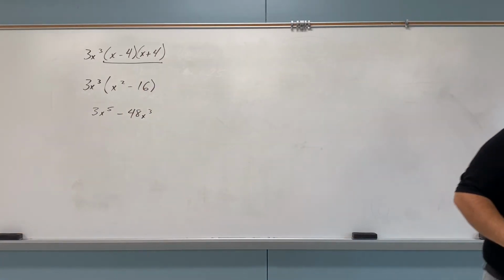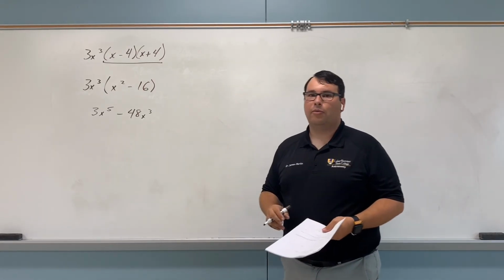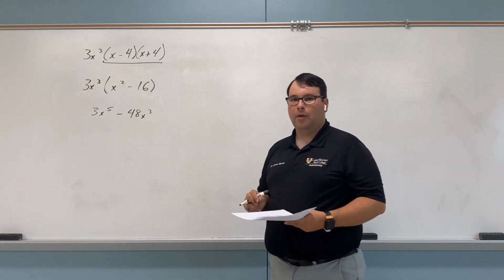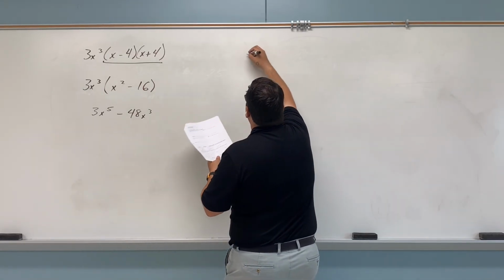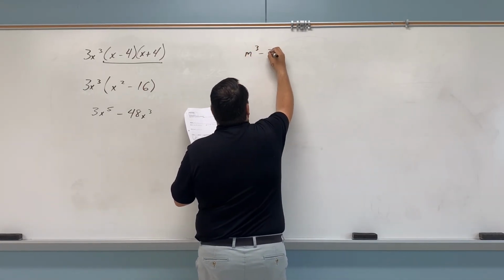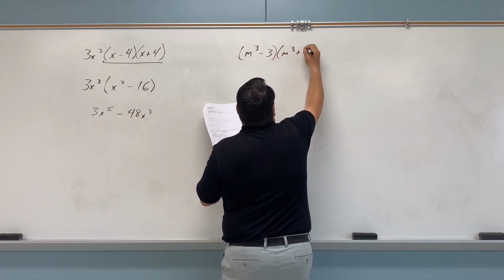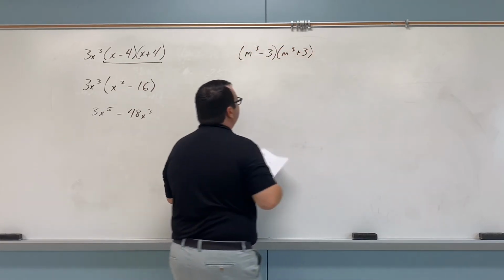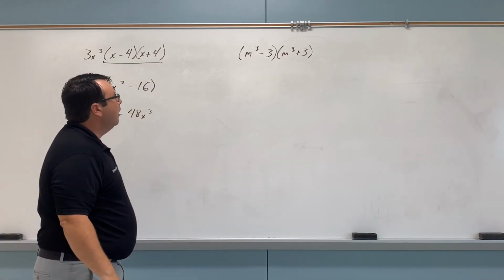So always stay cognizant. You're looking out for anything like conjugates. That's your big one that really shows up and is like, bam, difference of squares, use it. Let's try another one. I have m cubed minus 3 times m cubed plus 3. Yep, okay.